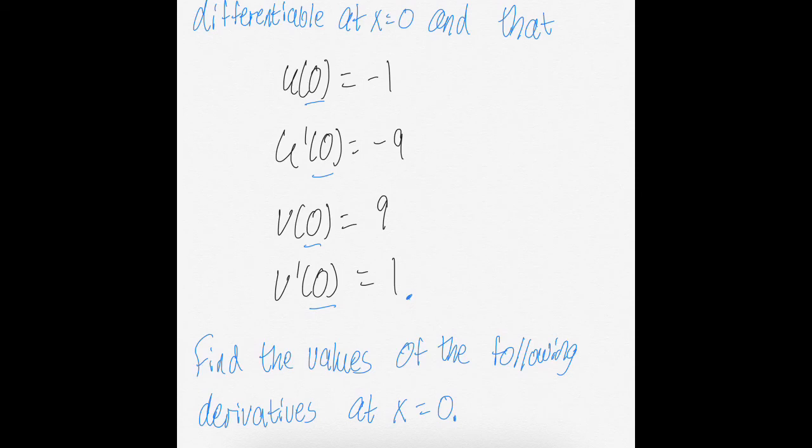So if the problem said, find the values of the following derivatives at x equals 1, we wouldn't have any idea, because all that we know about these functions is their values at x equals 0, but we don't know their values anywhere else. Now, if the problem said, find the values at x equals 1, and the information was given to us at x equals 1, of course, then we would be in fine shape.